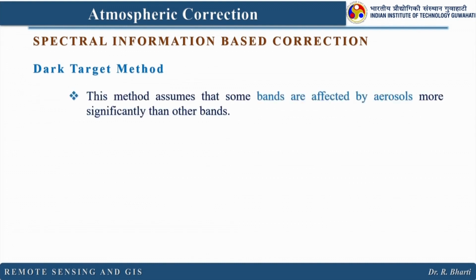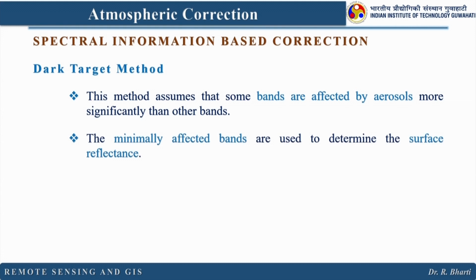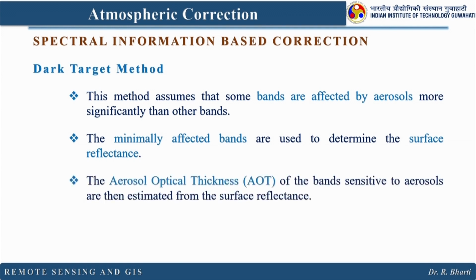This method assumes some bands are affected by aerosol more significantly than other bands. The minimally affected bands, that means less affected bands, are used to determine the surface reflectance, and the aerosol optical thickness of the bands sensitive to aerosol is then estimated from the surface reflectance.